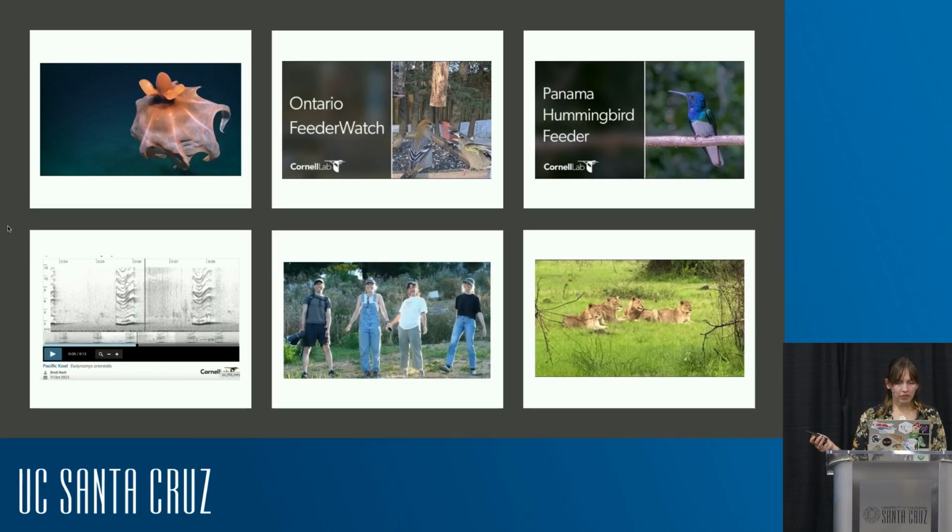So we have those types of collections. We also have a lot of technology that helps us put cameras out. Well, these are live feeds of hummingbirds, of deep sea expeditions, of audio.